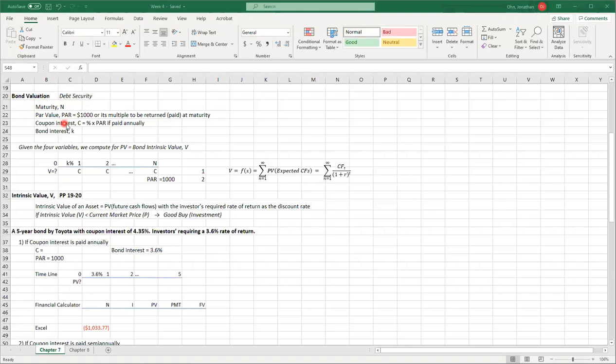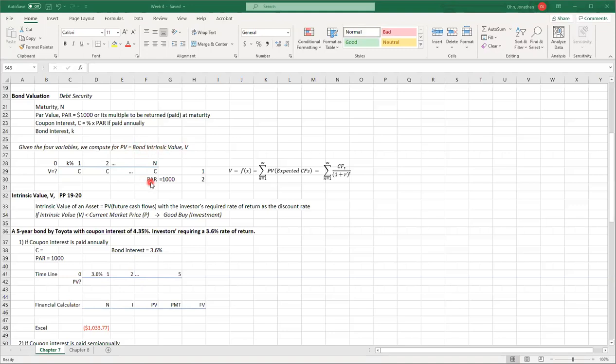And then the coupon interest payment. As I said, they have to pay periodic interest. And bond interest is the interest rate for bonds to be used as the discount rate. Given the four variables, we compute the present value, the bond intrinsic value.